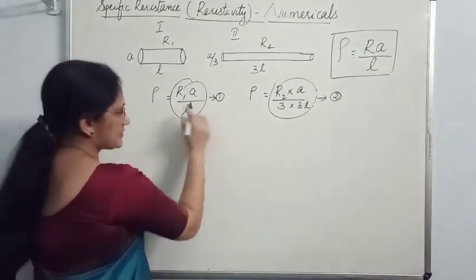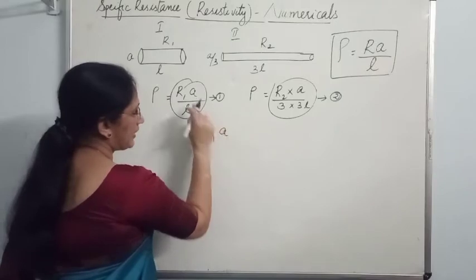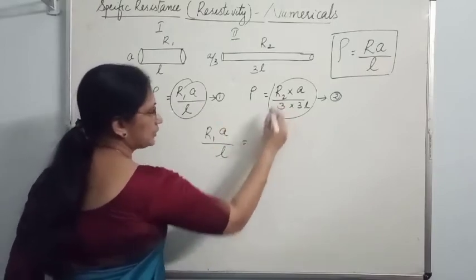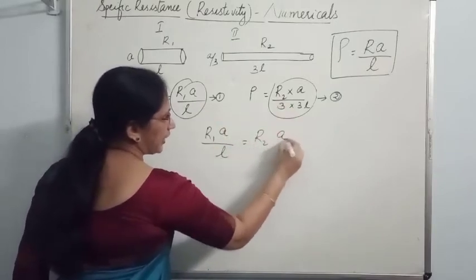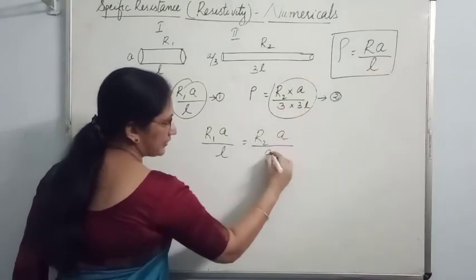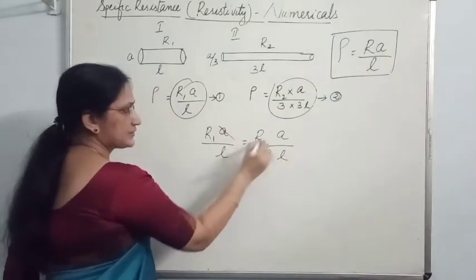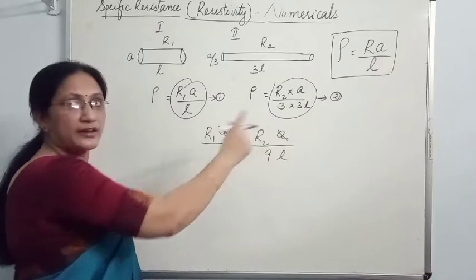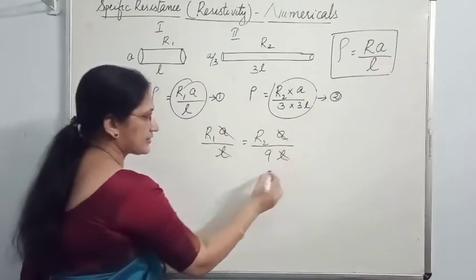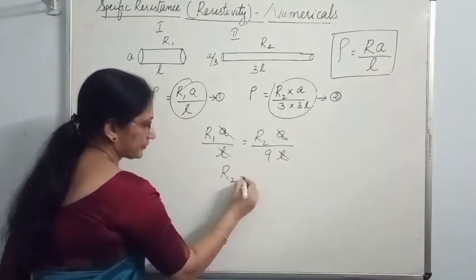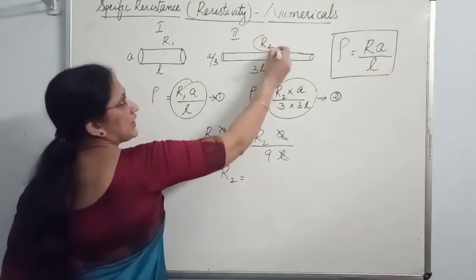So you can write as R1A upon L is equal to R2A upon 9L. Cancel the similar terms on both sides. A and A cancelled, L and L cancelled, R2. We are supposed to find out this R2.